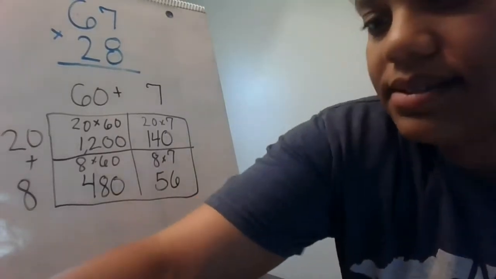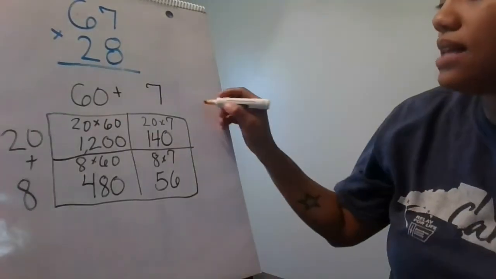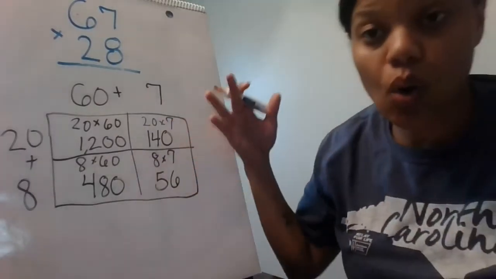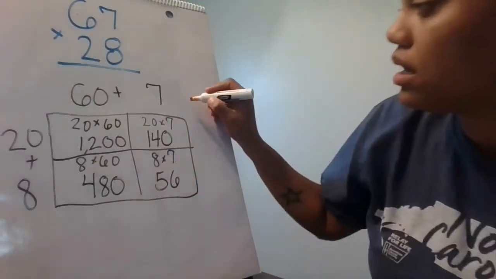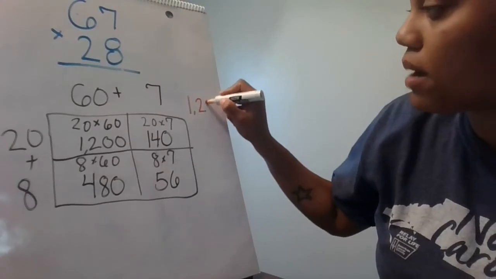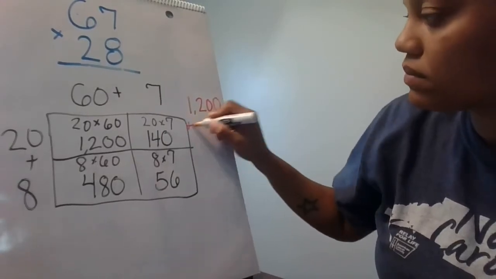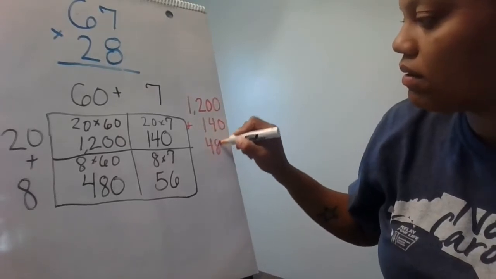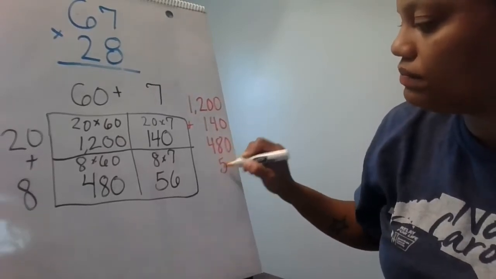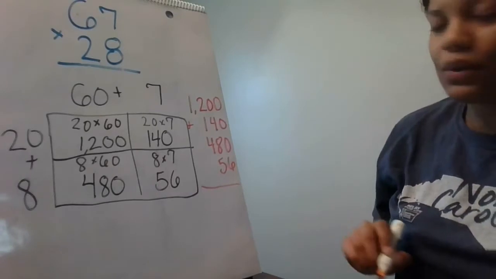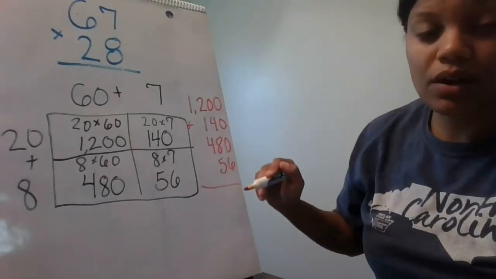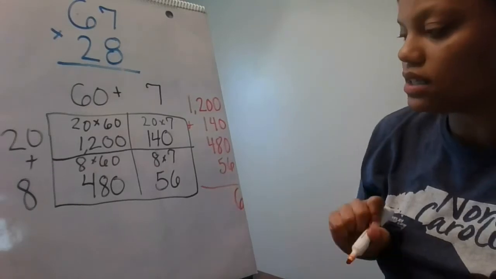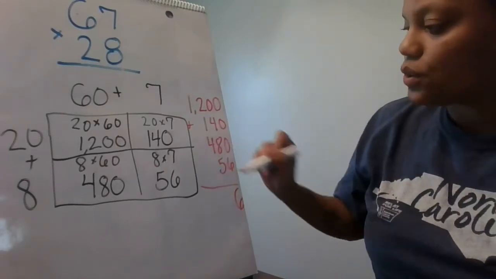Now I'm taking these numbers and I'm coming to the side and I'm going to add all those partial products up to find the whole product, the whole answer to my multiplication problem. Okay, so I'll start in the ones and I'll add all the way down. 0 plus 0 plus 0 plus 6 is 6. 8 plus 4 plus 5.